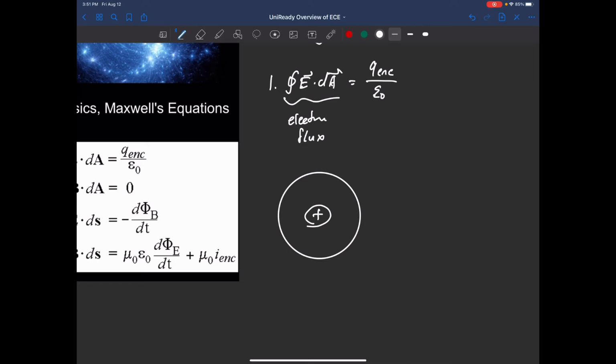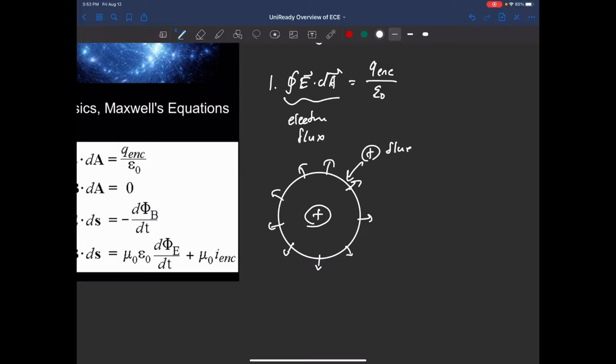Since this is a positive charge, you're going to have electric fields on this sphere pointing away from the proton. And since you have arrows pointing outside the sphere, so away from the inside of the sphere to the outside, you're going to have a positive flux on the surface.